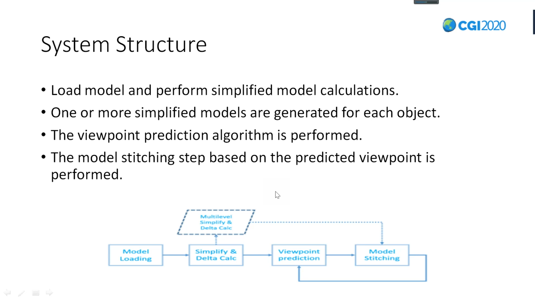Third, the viewpoint prediction algorithm is performed, with which we introduce some levels of detail, and this feeds our later rendering process. During the rendering process, the model stitching step, based on the predicted viewpoint information, combines the original model and the simplified model, and passes them to the rendering calculation.